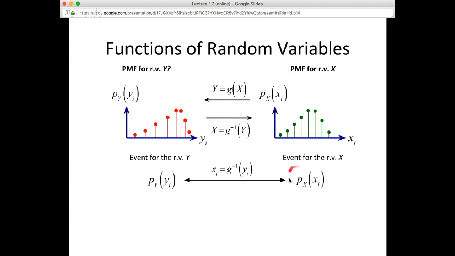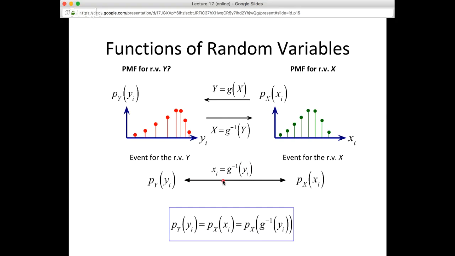So in general we would expect that for these PMFs the probability that x is equal to some specific value of xi is going to be equal to the probability that y, the random variable y, is equal to the corresponding yi value. And so really the issue is, how do we relate xi and yi? And of course, we can relate them directly through the functional relationship given here, xi equals g inverse of yi.